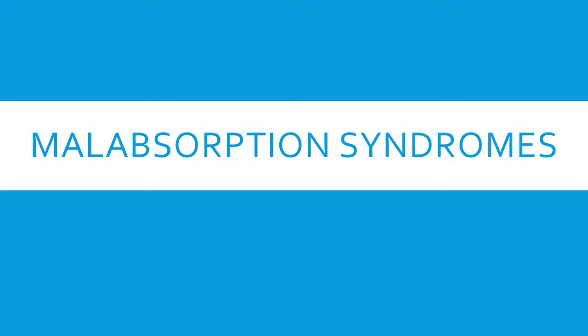How will the patient in OPD present to you? The patient will present with abdominal pain, bloating, diarrhea, specifically steatorrhea. Then he will present with symptoms of deficiencies, most commonly iron and B12 deficiencies. That is why malabsorption syndromes are the most important differentials of IBS.